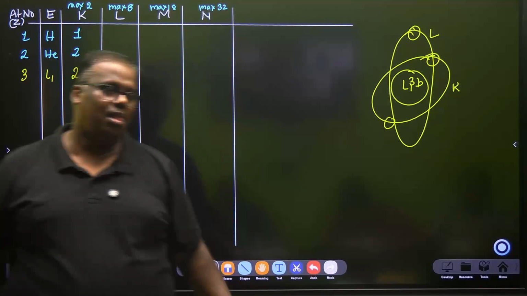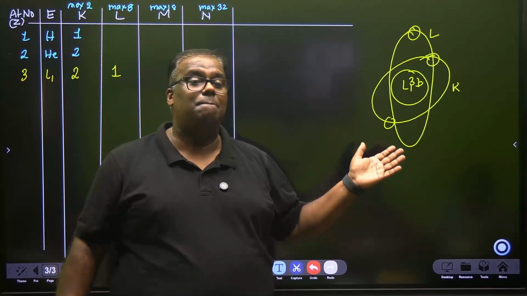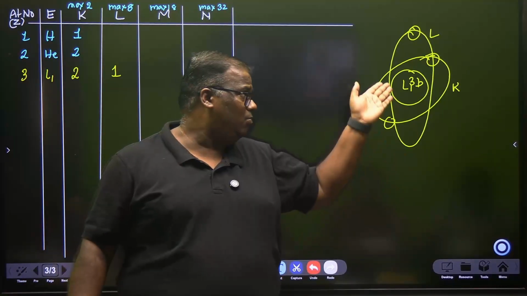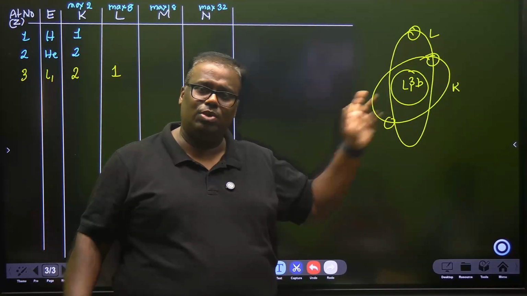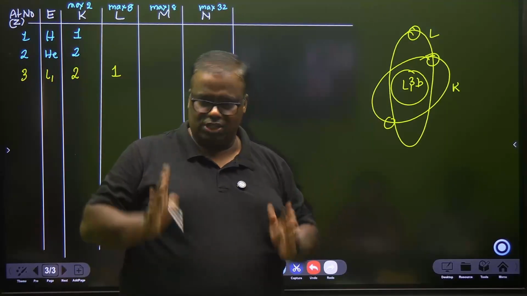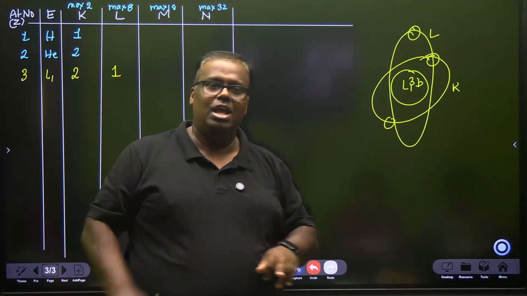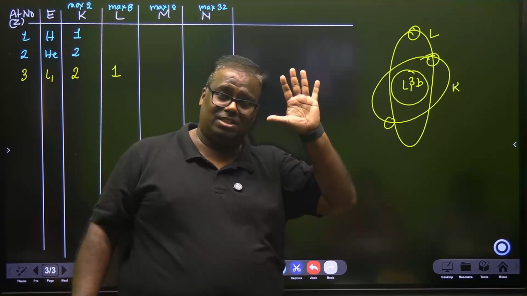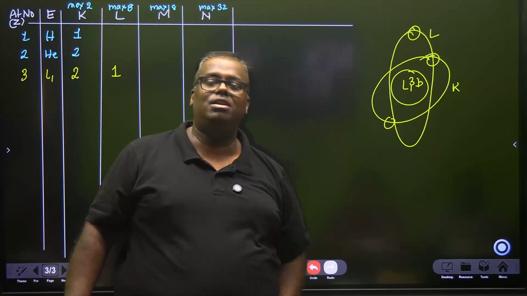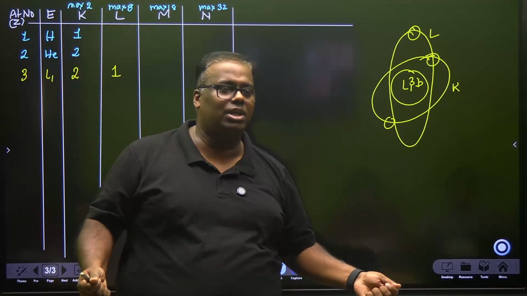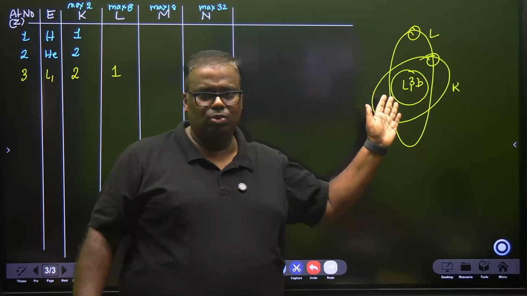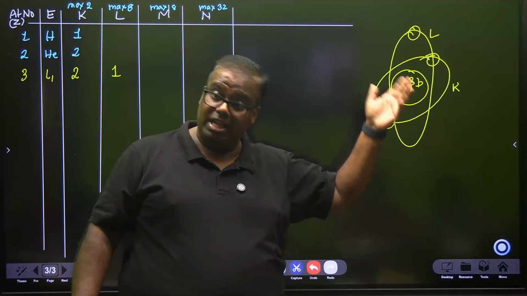Look at me. After lithium, who is there? Beryllium. Beryllium, when it comes to the hotel, also gets 2 rooms. First room for 2 of its electrons, and second room has got 8-seater capacity. And beryllium comes with husband, wife, and 2 kids. So no problem. The 2 kids will be jumping around in that 8-seater room.